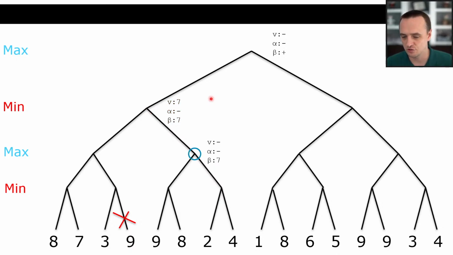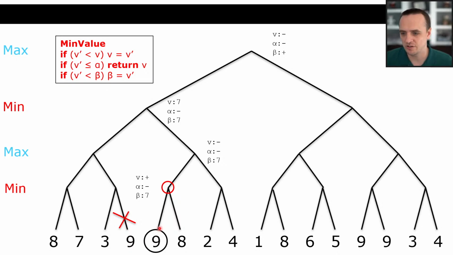Now we go down through the tree again, but we now have a beta value that we are carrying down through the tree, right? So this beta value is going to be that minimum value. So it's the opposite of an alpha cut. It's a beta cut. So we look here and we say, okay, these are our current values.